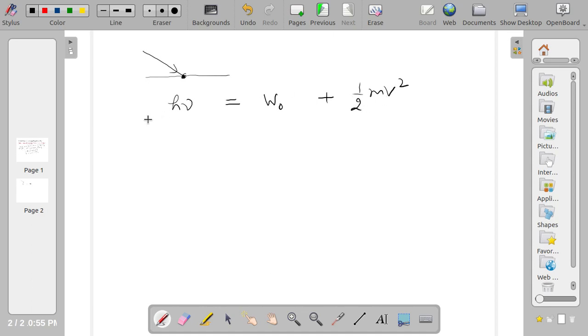So what is it? This is the energy of the incident photon.